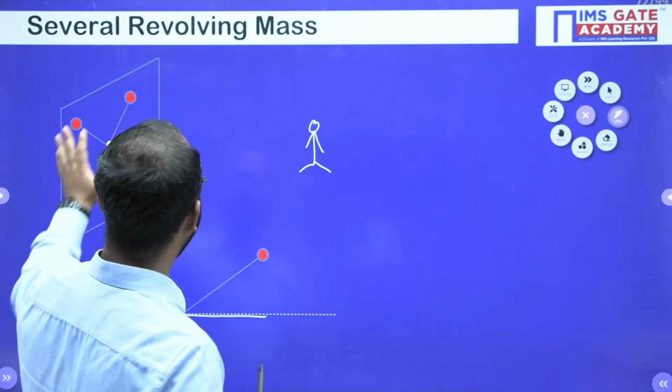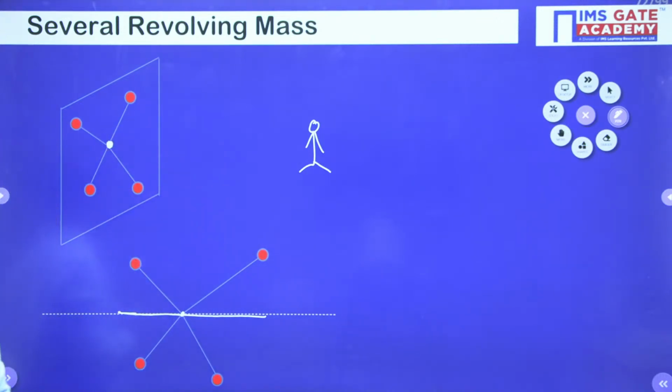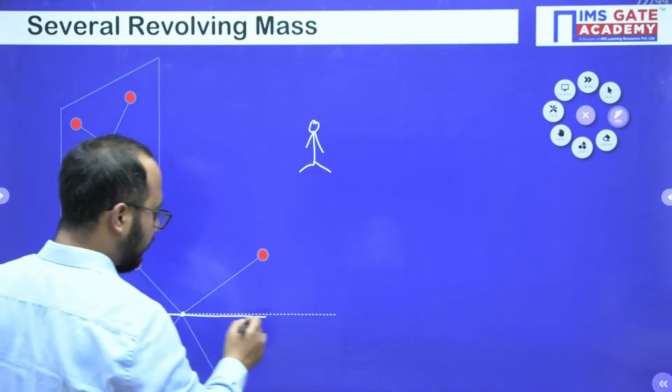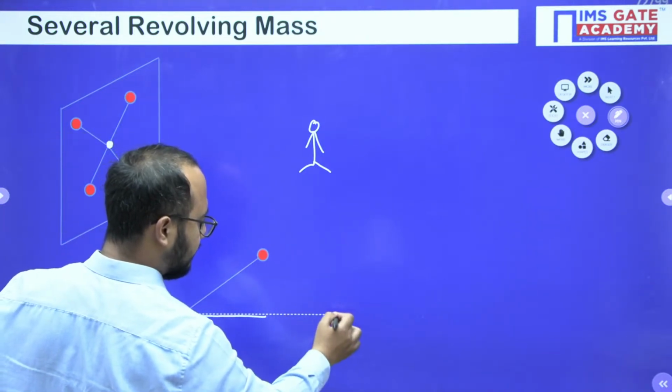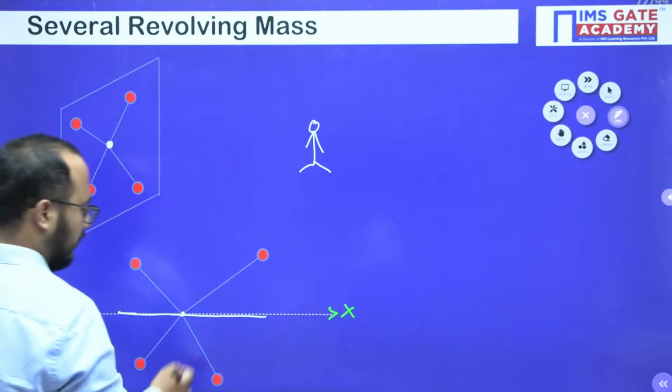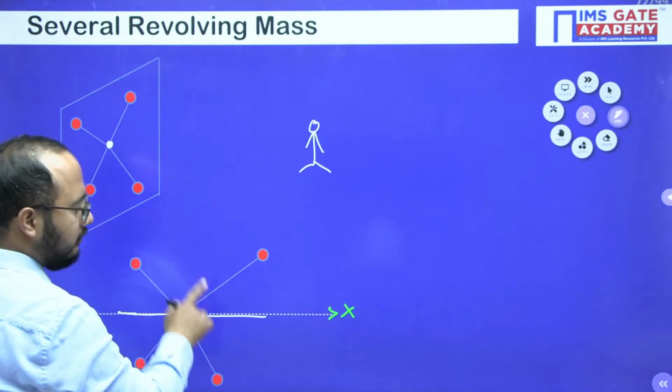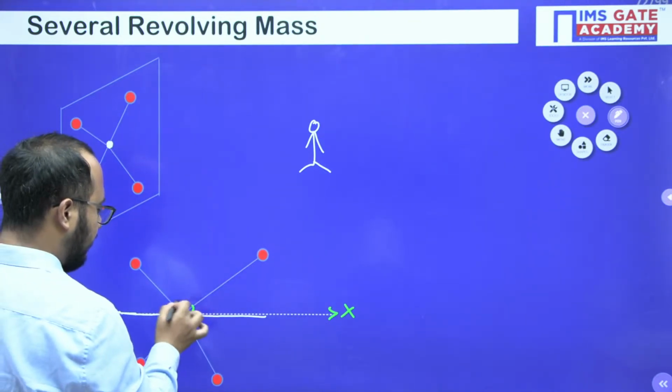Now we'll see how the several revolving mass case we can solve. Let's suppose this is the reference axis, let's suppose x. Now one by one we'll mention the angles here.